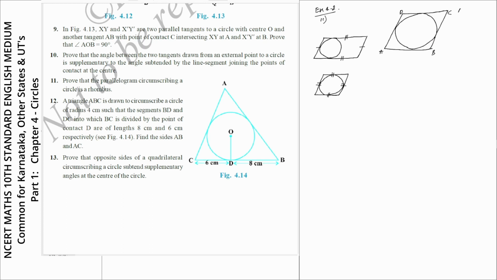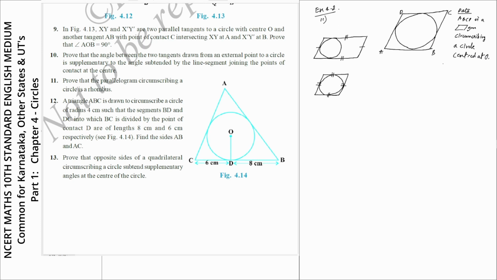I'll write the data. ABCD is a parallelogram circumscribing a circle centered at O. That means sides are touching the circumference.